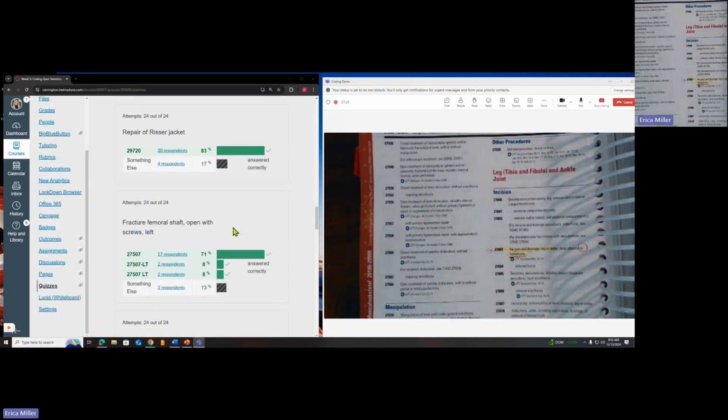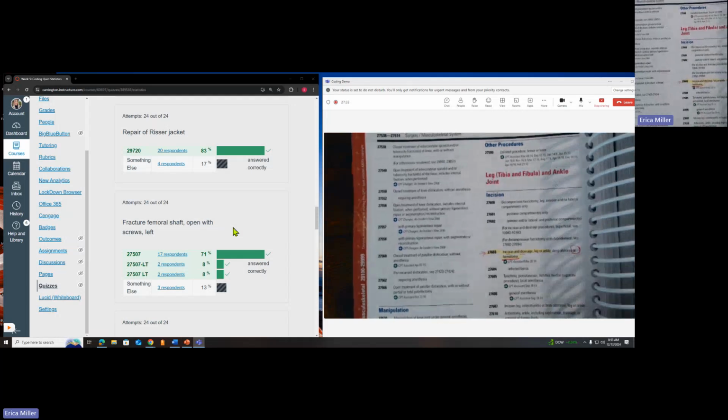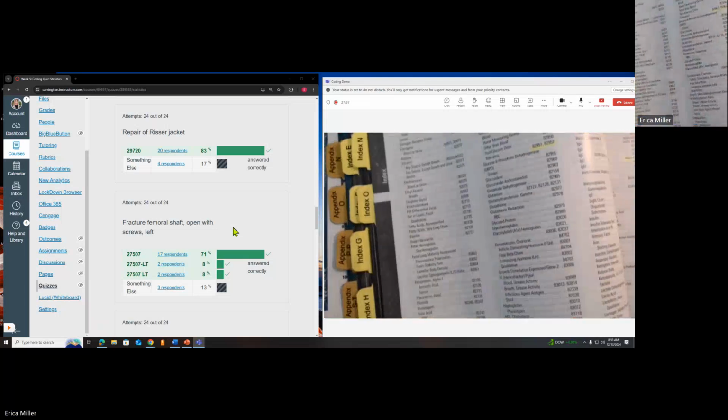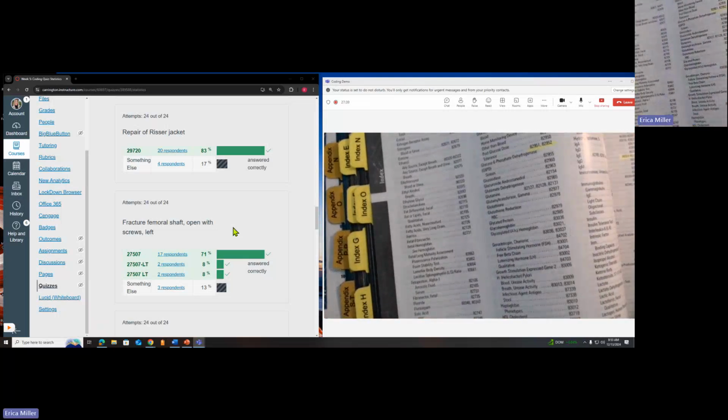All right, up next, we've got a repair to a Risser jacket. So I'm going to go for that word Risser jacket and see what I find. Go over to my R's here.